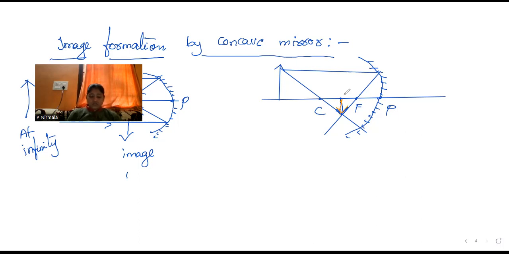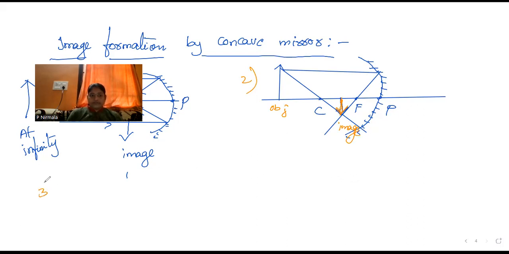That means it's not clear. If this is the object, this one is the image. Now you are clear about the second case, right?